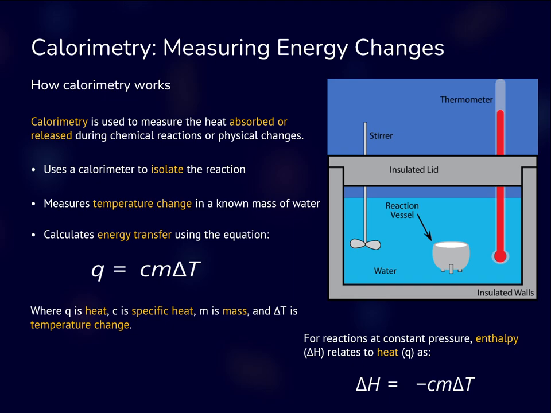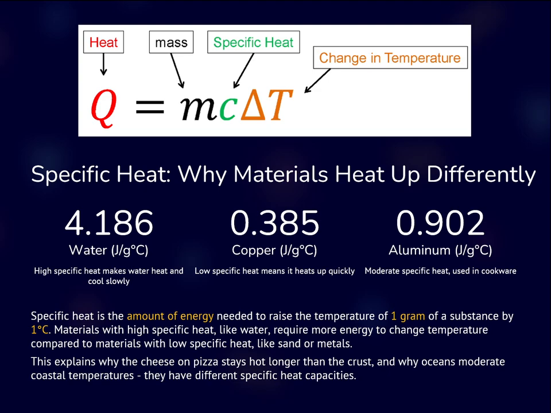So when we have two equations of Q equals mc delta T, if we assume an isolated system, because that satisfies the law of conservation of energy, we can set those two equations equal to each other and solve for whatever term we need to.